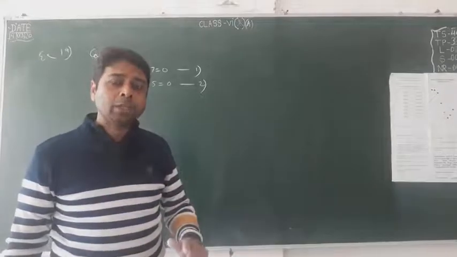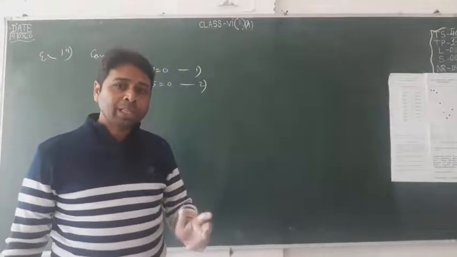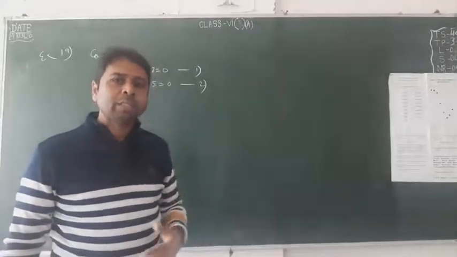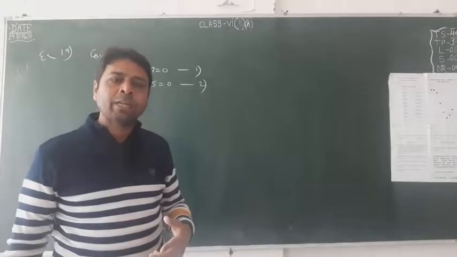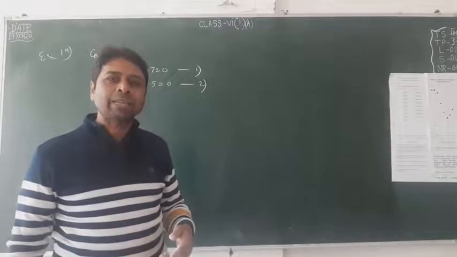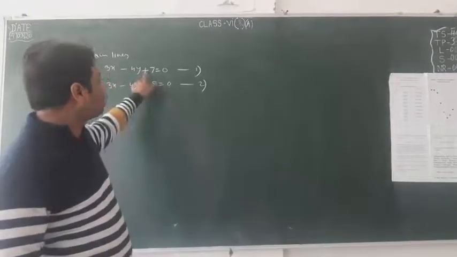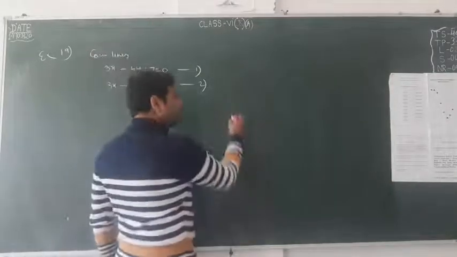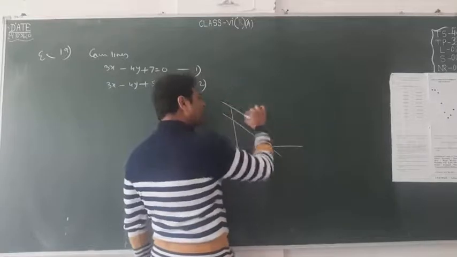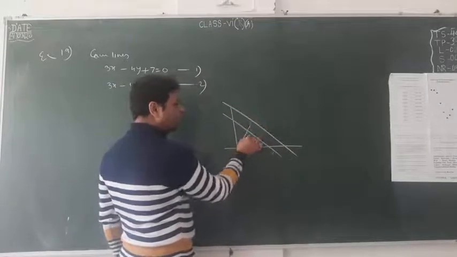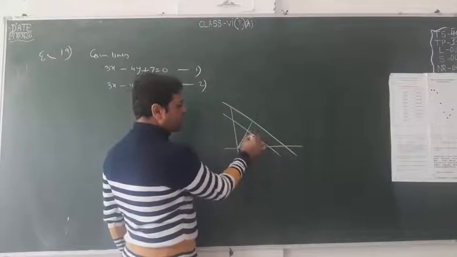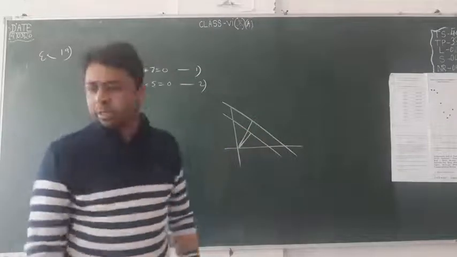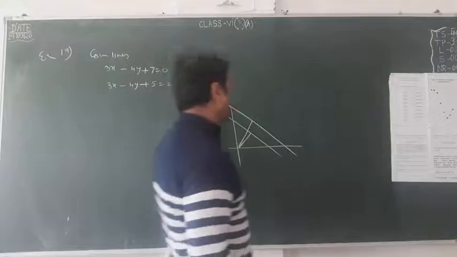That depends on the situation of the lines, whether they are lying either side of the origin point or the same side of the origin point, and that will be identified by looking at the sign of the constant. So if the constant is plus, it's same sign, it means they are on the same side. I mean lines are lying on the same side, the distance will be subtracted. So first I'll find that distance, and then subtract them and I'll get the answer. Okay, so this was a method.